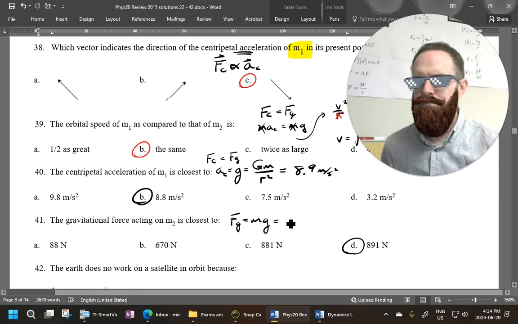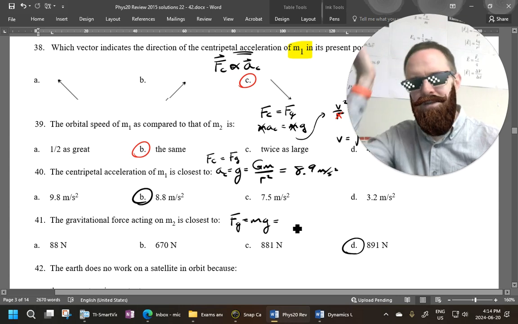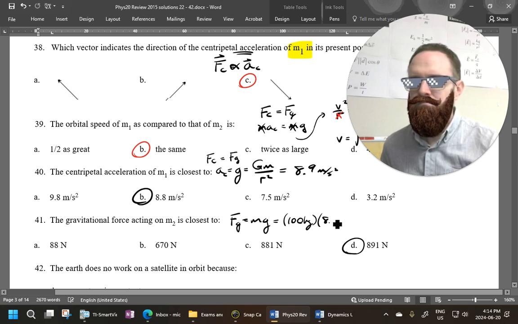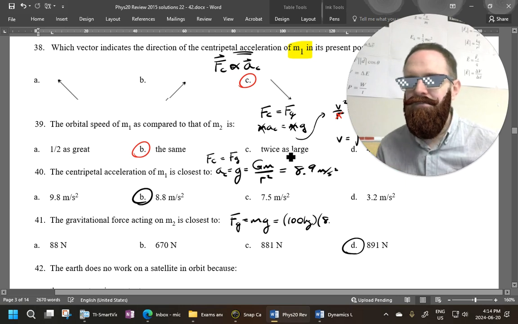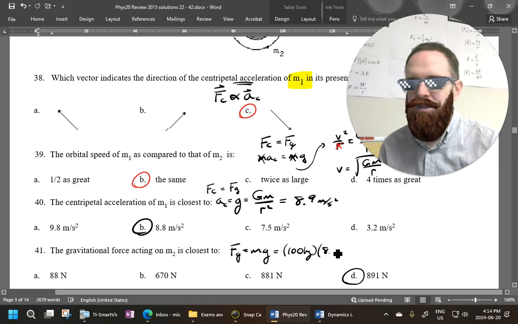Yeah. It's strange that they say this is closest to and this is closest to, but they didn't put 8.9 up there. That's very strange here. Now I hope that one of them is not the other one, like the 50 kilograms, because that would be a pretty poor choice there.